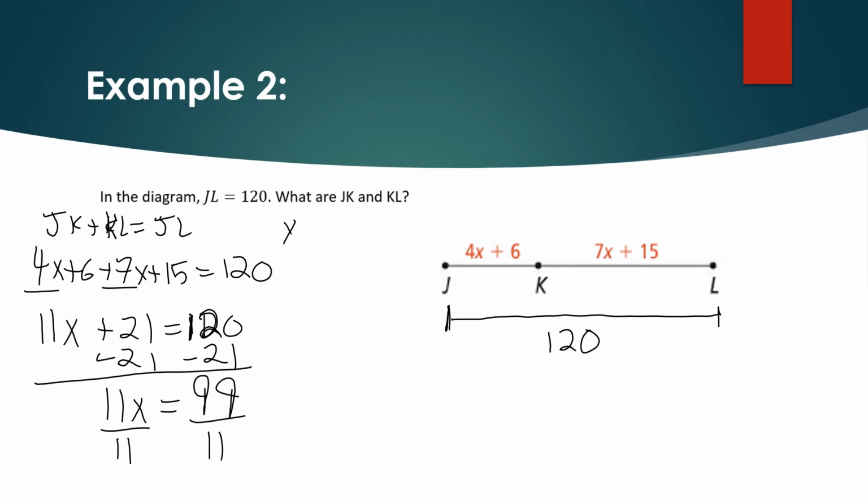And I'm going to get that x equals 9. So to find JK and KL, I just need to plug in 9 for wherever I see x. So for JK, we're going to get 4 times 9 plus 6, which is 36 plus 6, which is going to give us 42.